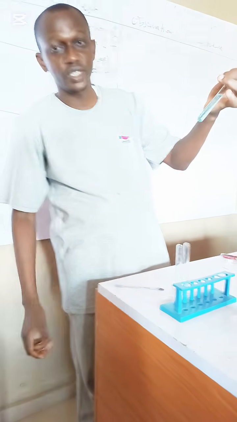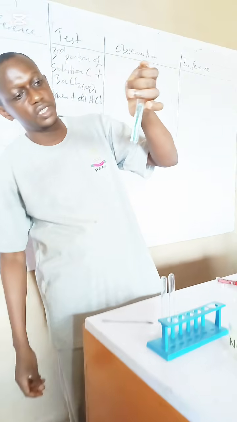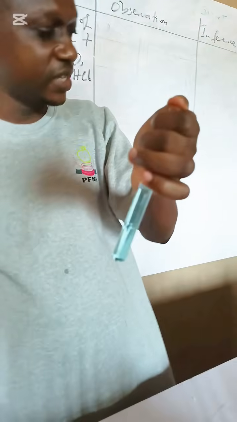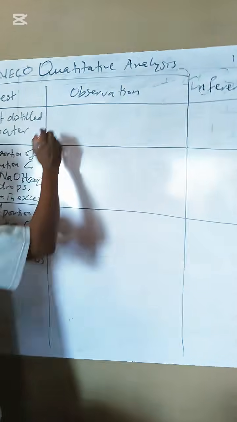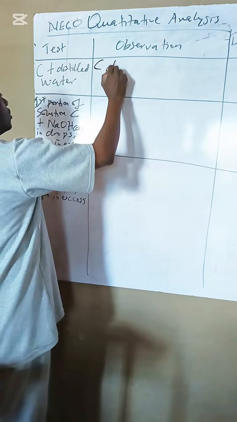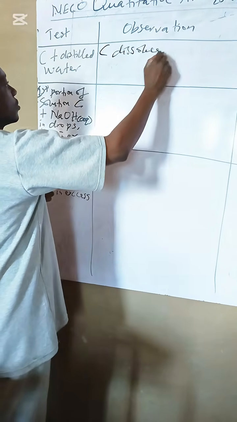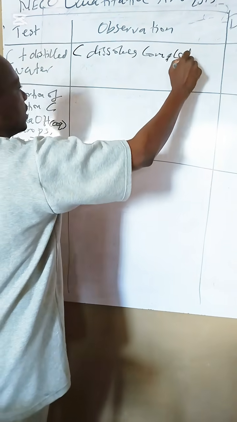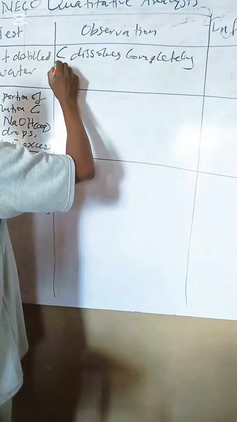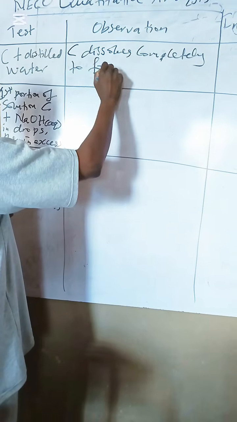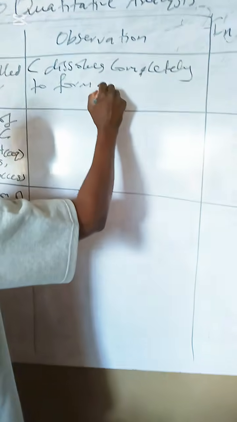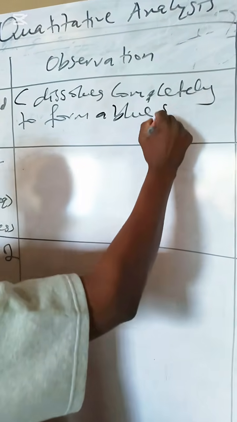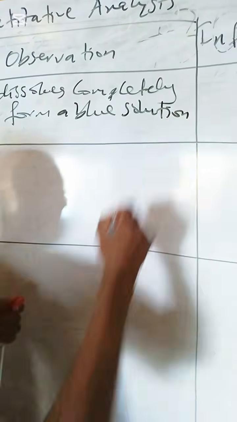So from what we see now, we can see that C dissolved completely. So we are going to write that down now. C dissolves completely to form a blue solution.